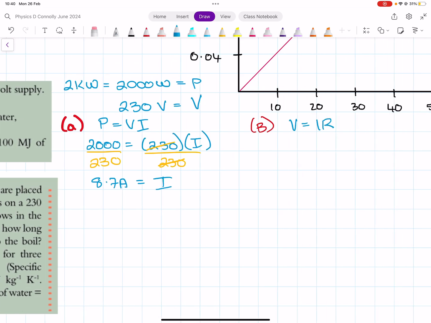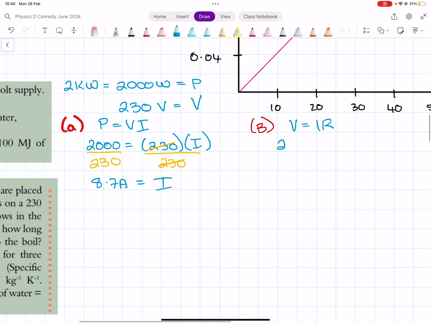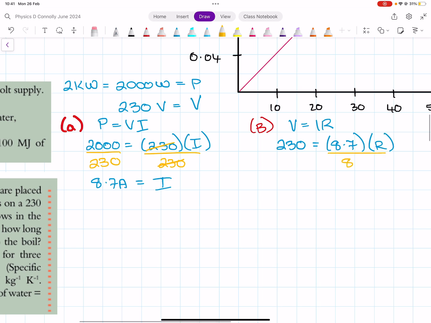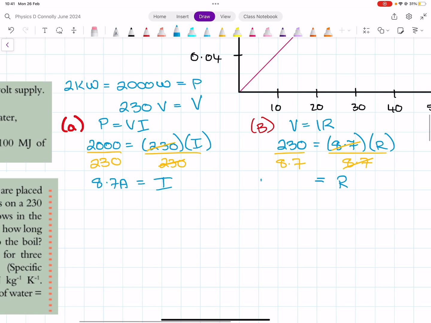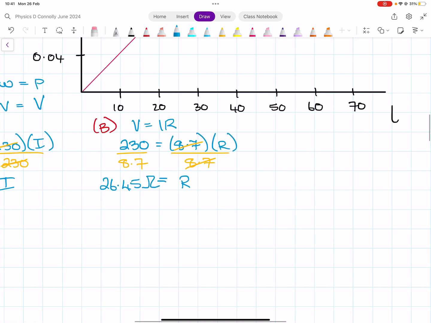So V equals IR would be 230 is 8.7 times R, and divide across by 8.7. So R is, I left the entire number in, so I'm getting 26.45 ohms.